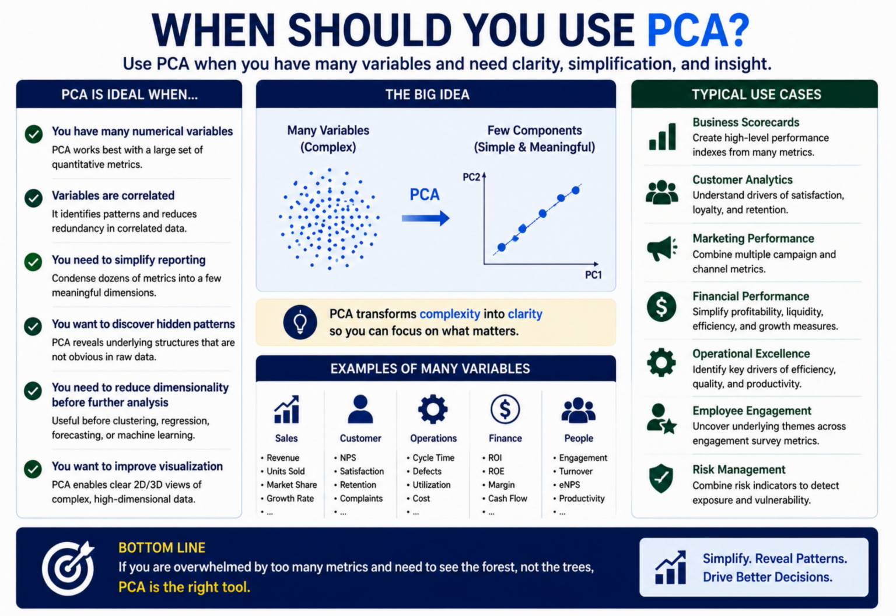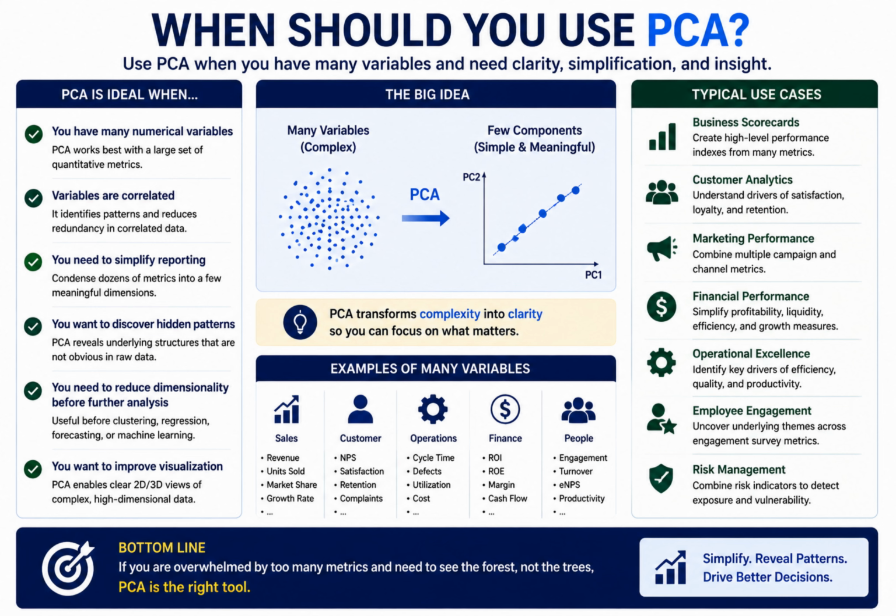When should you use PCA? Use PCA when you have lots of numerical variables and many of them appear related. PCA is especially useful when you're overwhelmed by metrics and need a simpler way to understand what's really happening. It works well for business scorecards, customer analytics, marketing performance, financial analysis, operational excellence, employee engagement, and risk management.